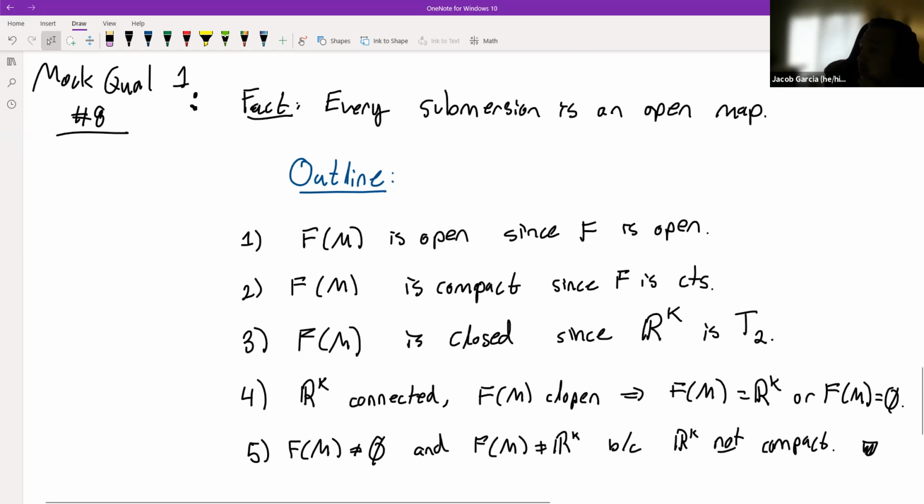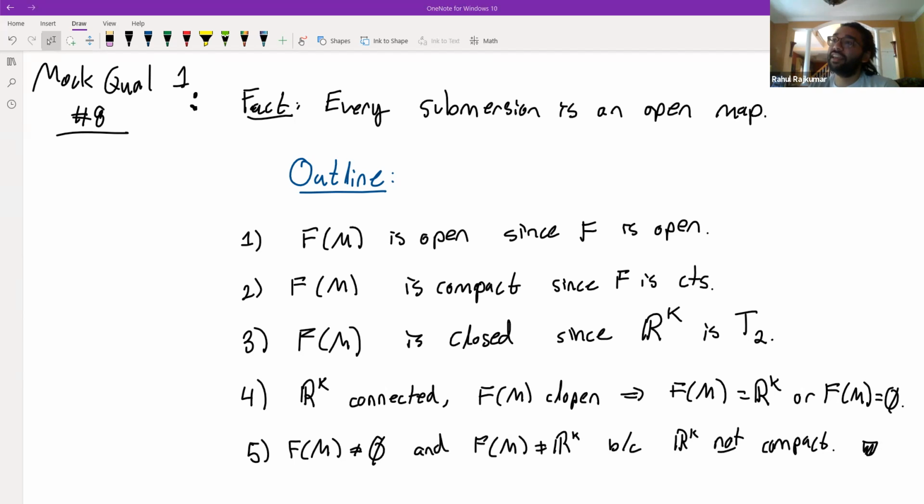It's possible that this is a typo on my part and it's supposed to be k is greater than 1, but I don't think so. I think that I pulled this from, did he put this on this year's exam or did I pull this from last year's exam? I think he put it on this year's exam.